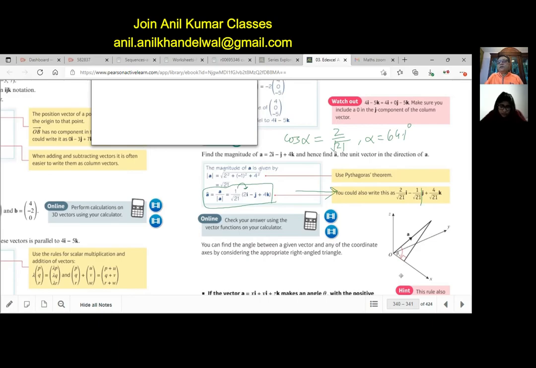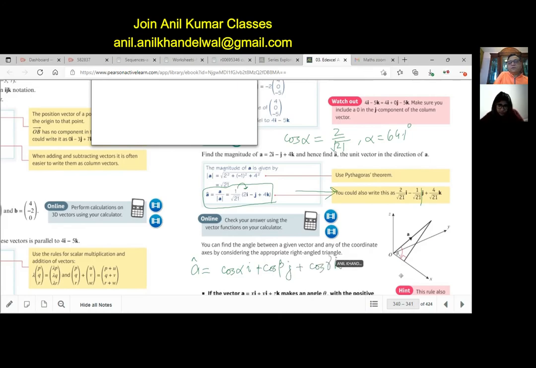And the other value is cos beta. So cos beta is minus 1 over the square root of 21, and cos gamma is 4 over the square root of 21. These three are called the direction cosines. Is that okay? So I could write the unit vector. See, A cap they have written: A cap is cos alpha i plus cos beta j plus cos gamma k.